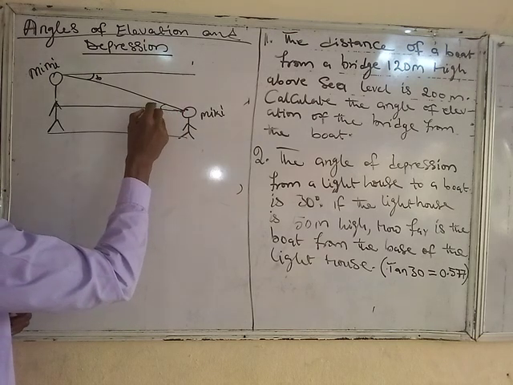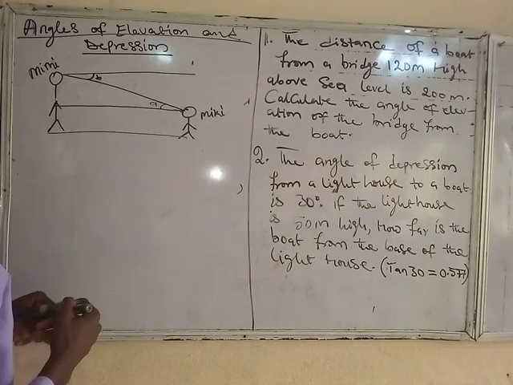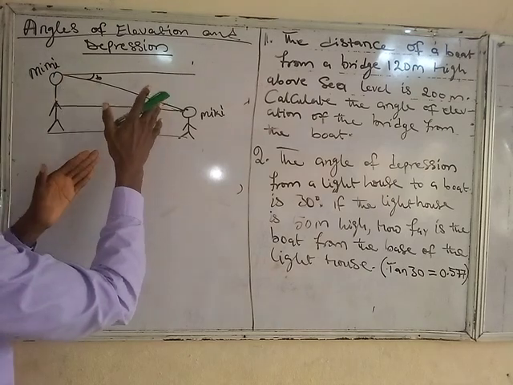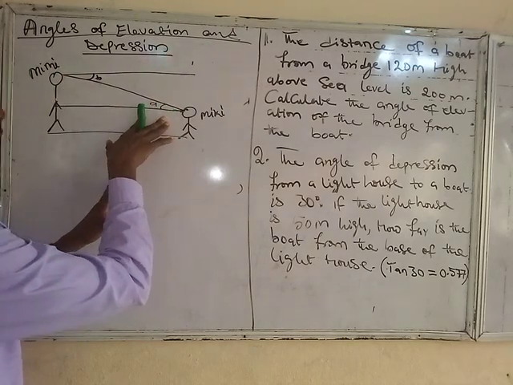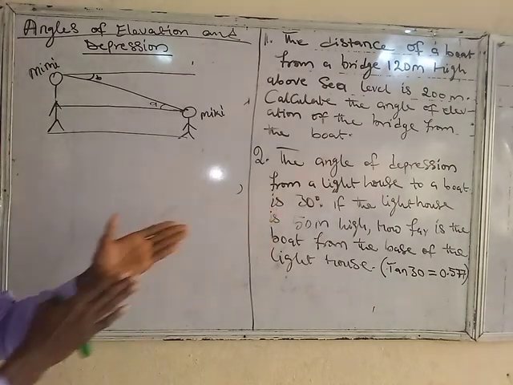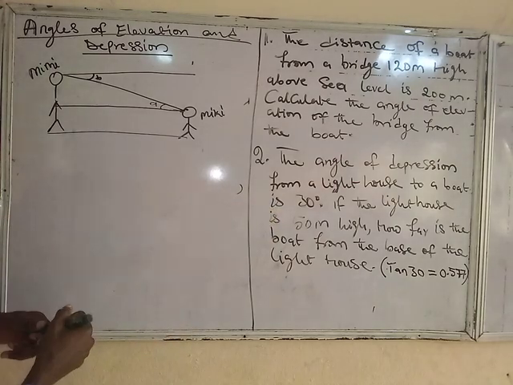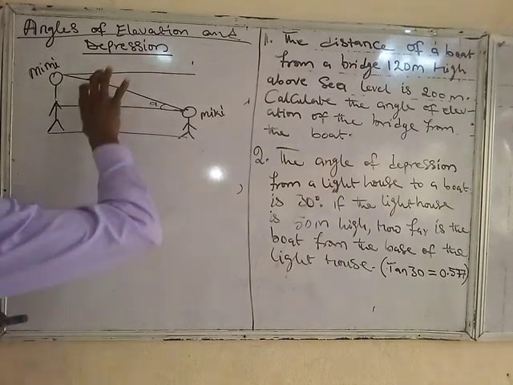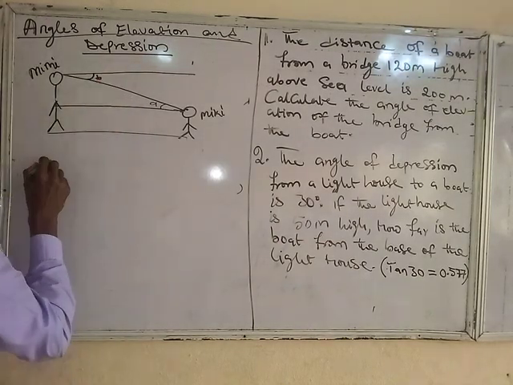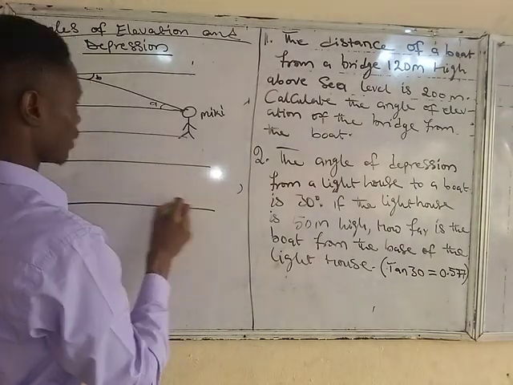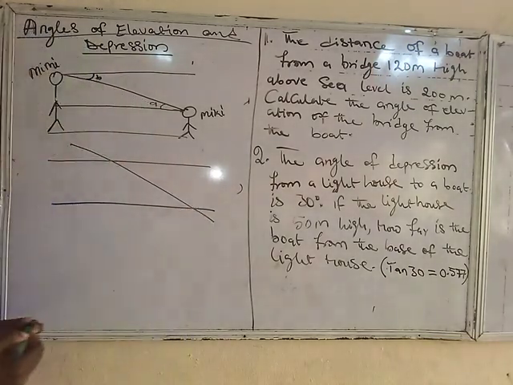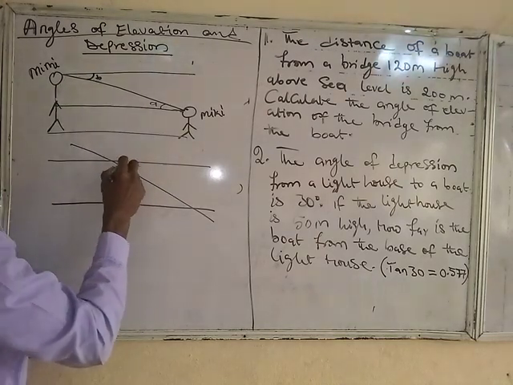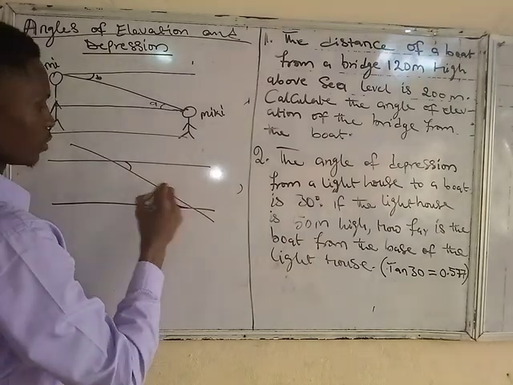We call it A. So we simply say that the relationship between angle of elevation and angle of depression is that they are alternate. What do we mean by they are alternate? When you do normal geometry, if we bring out parallel lines that are cut across by a transversal, you see that? So that's what this is. So this angle is alternate to this angle.